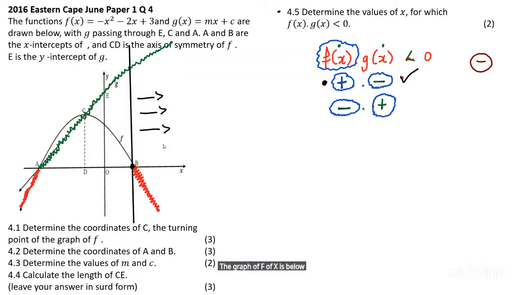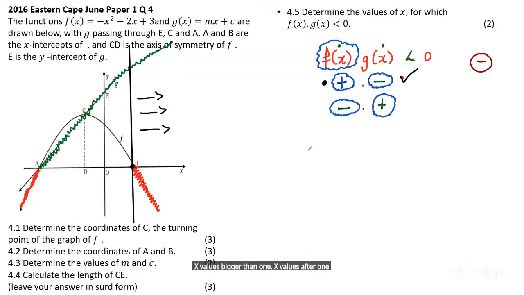After the x value of B, the graph of g is above, still green, it continues all the way, while f is below. So the green and red part simultaneously occurs on all x values greater than 1, x values after 1.